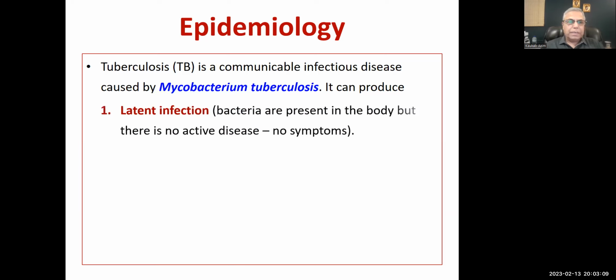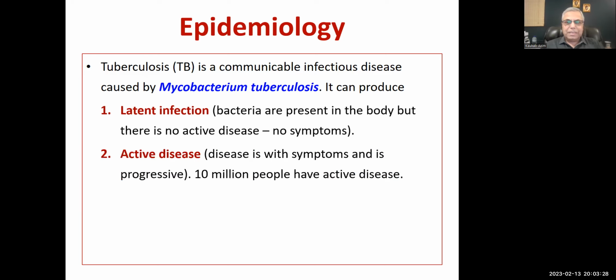You already know that. There is a latent infection in which the bacteria are present in the body, but there are no symptoms, no active disease. Maybe they are not dividing or they are not causing the spread of the disease or any symptoms, as it is written over here.